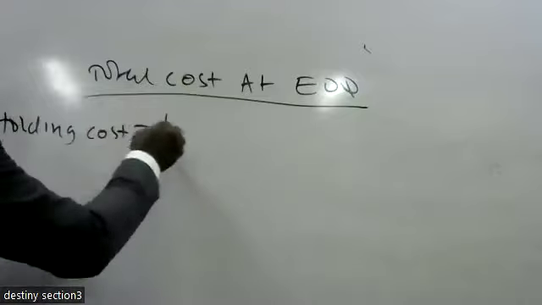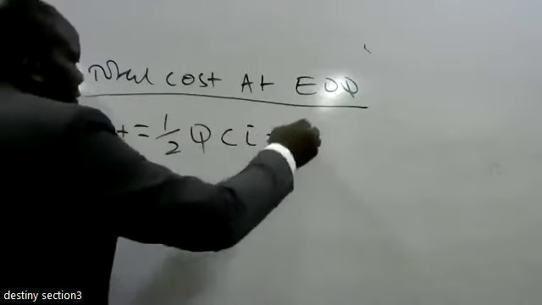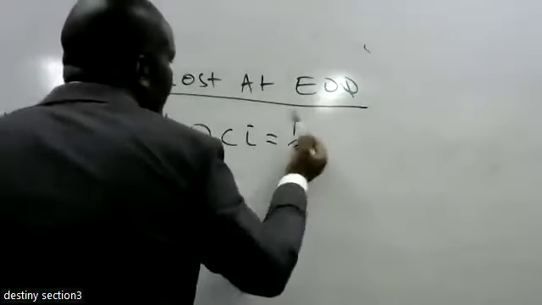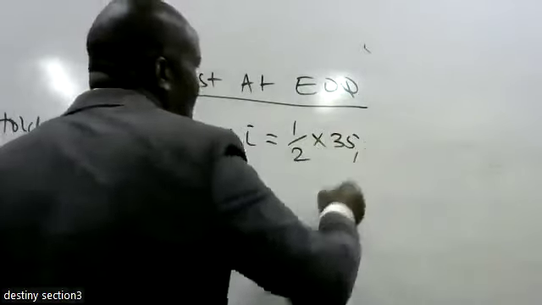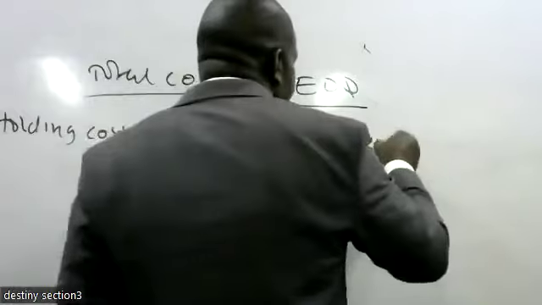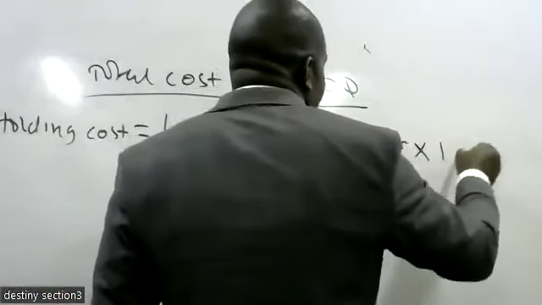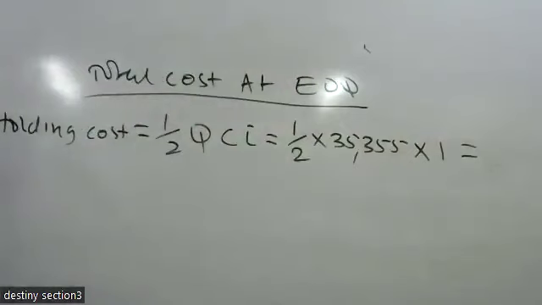Remember, holding cost is a half Q C I. So it is a half, when the economic order quantity is 35,355, then multiplied by 1, because CI is 1.